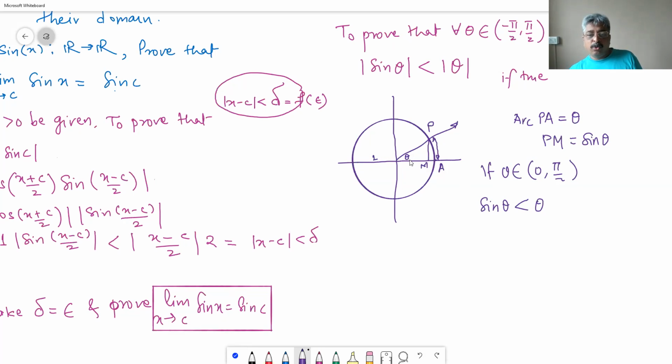If theta is equal to 0, then we will have equality because everything will be 0. But if theta is not equal to 0, it is arc length versus perpendicular distance. Arc length is always going to be greater than perpendicular distance. Practically we are assuming it to be true using the diagram, not proving.